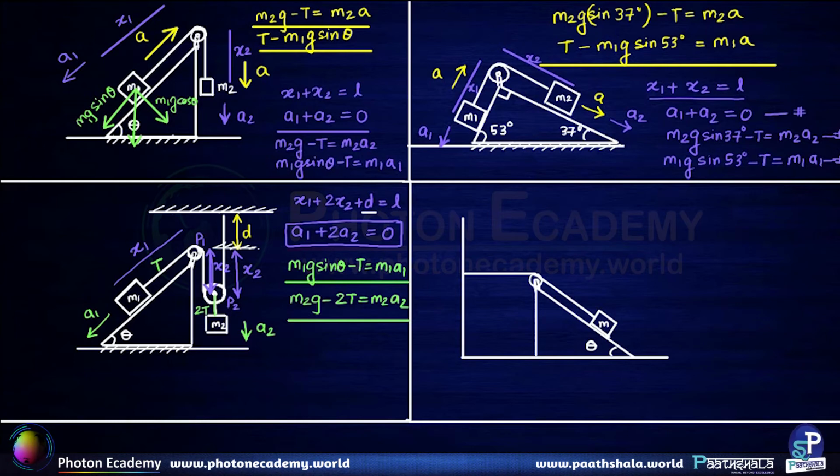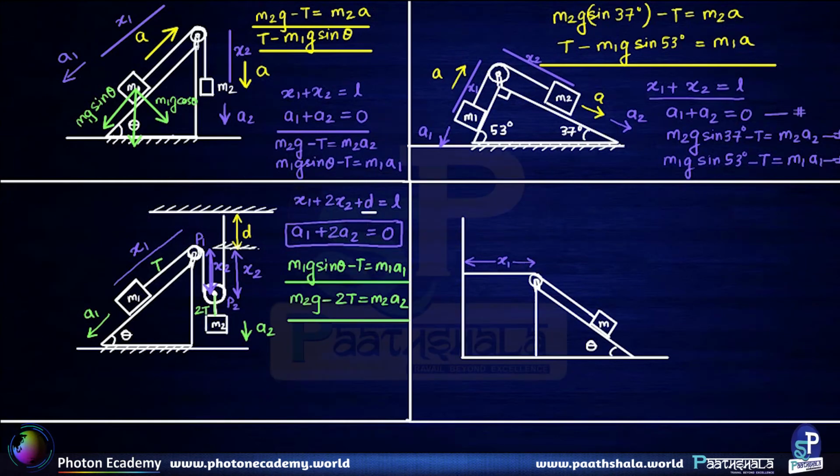Now, in the next diagram, we would like to employ the method of constrained motion, and we would say that this length is x1. Mind you, in this particular diagram, let us say this is mass m1 and this mass, I am labeling as mass m2. So this slant length is x2.